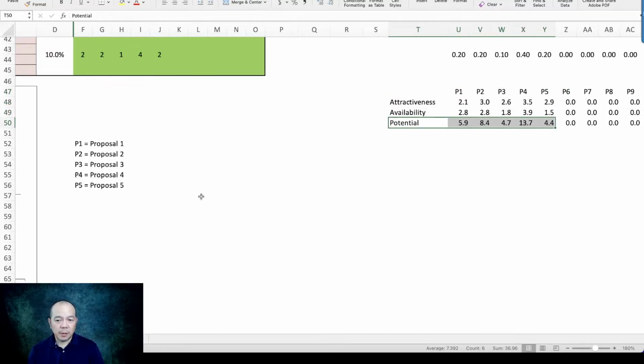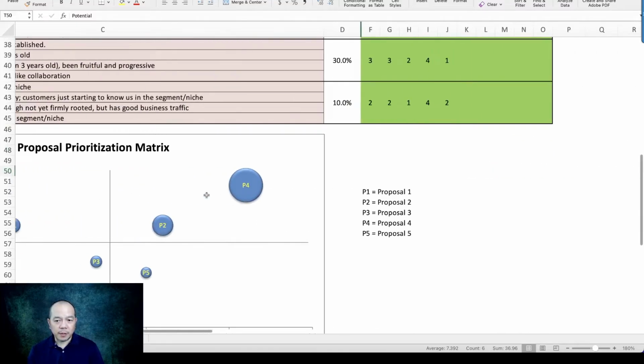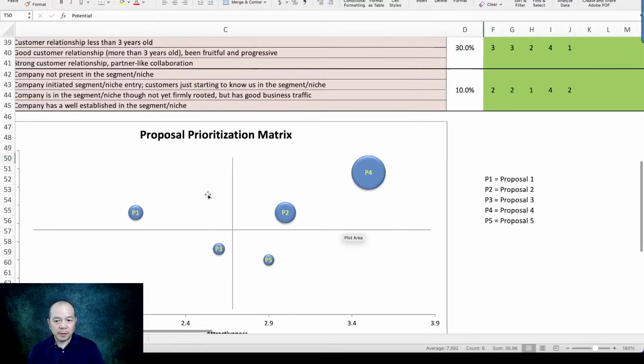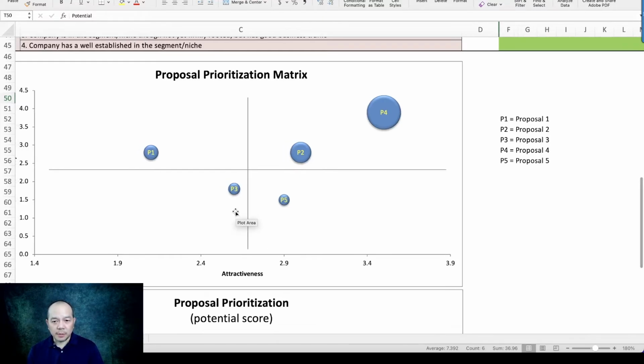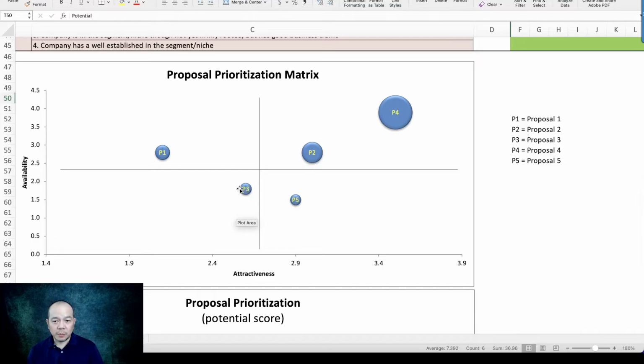You'll see that while 3 and 5 are somewhat in the attractiveness range of 2.5, 2.9, they kind of fall within range. The one thing about P3 is that it is a little more available to us than P5. So if you have all your resources tied in P2 and P4, and maybe have little leftover resources, manpower, time, etc., which one would you go after?